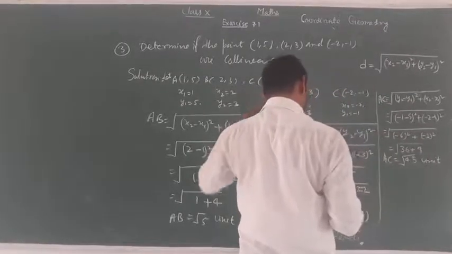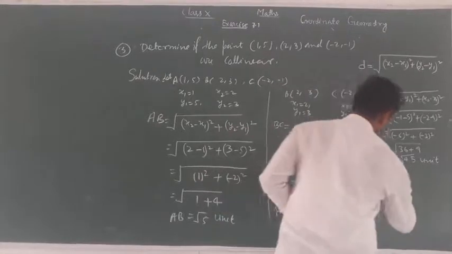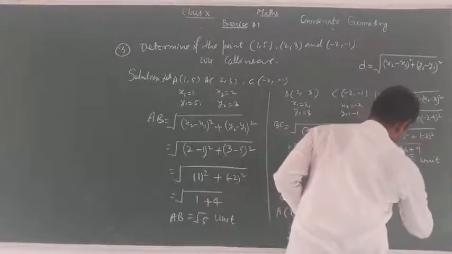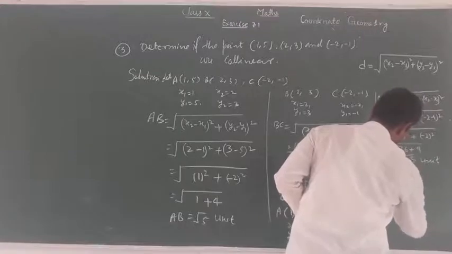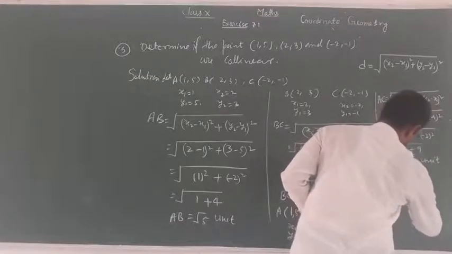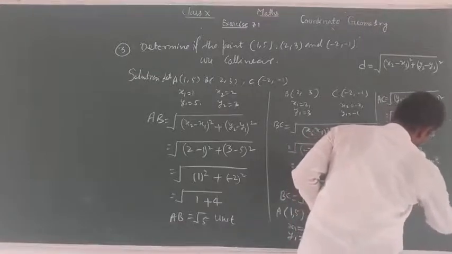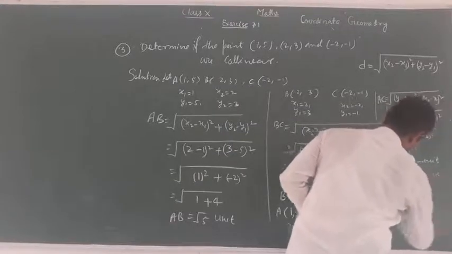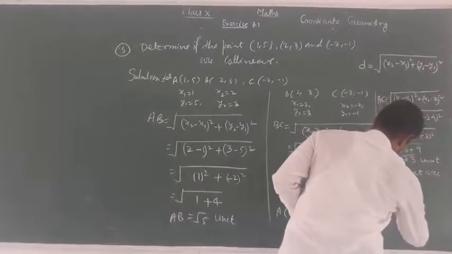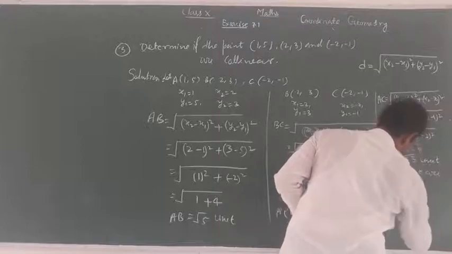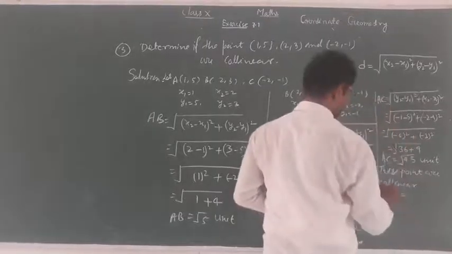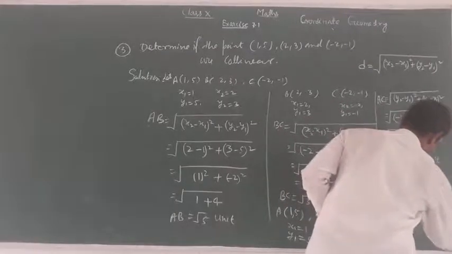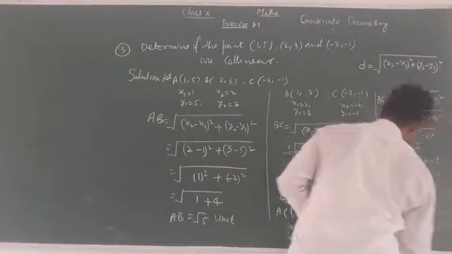So now, if these points are collinear, then AC is equal to AB plus BC.